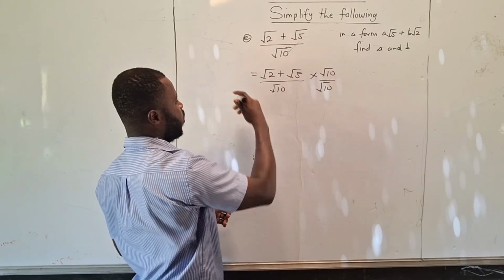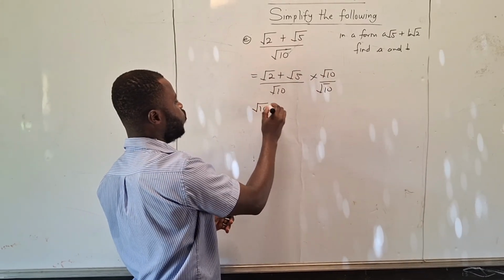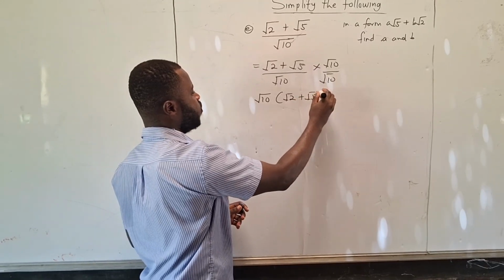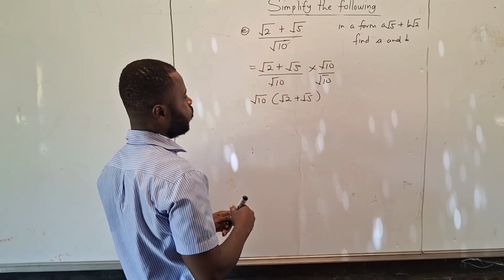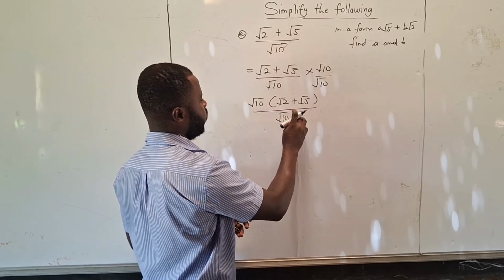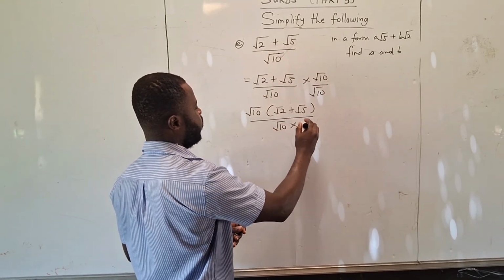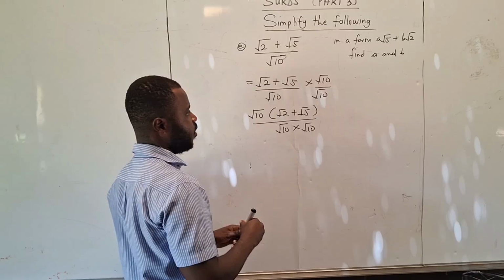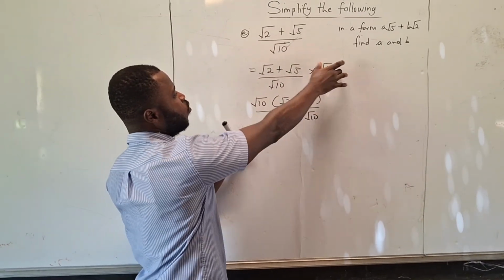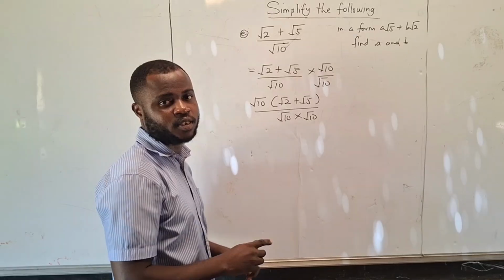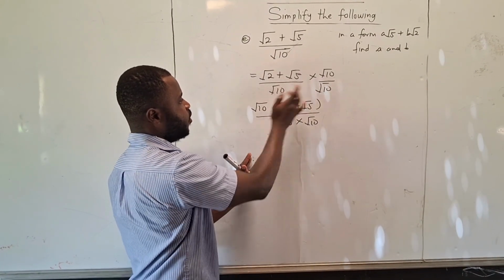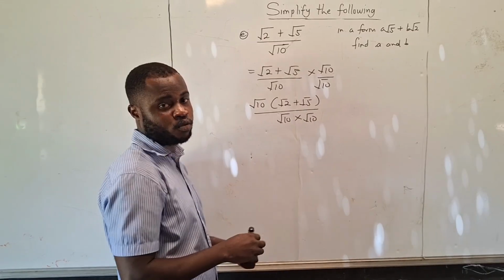You can have root 10 in a bracket, root 2 plus root 5 all over root 10, then times root 10. It's the same as this. But I'm doing this because I want you to remember that the root 10 will multiply both sets. That's why I brought a bracket. And this will also multiply this as the previous question we have done.